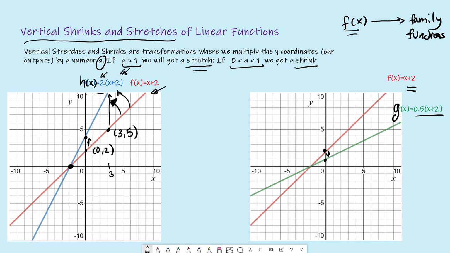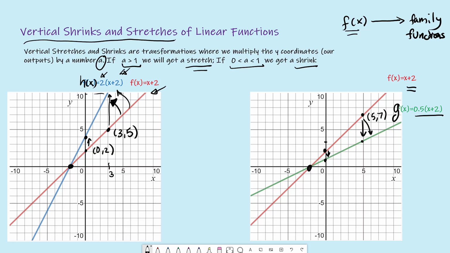What happens at 5? So we had here 5 and 7. Well, if we take 5 and we add 2 to it, that's 7. Half of that is just 3.5, which is right here. So we move down this way. So in this case, our graph spins again around our x-intercept, but it spins downward this time, so we call it a vertical shrink.